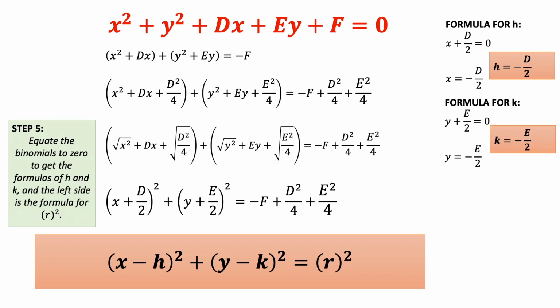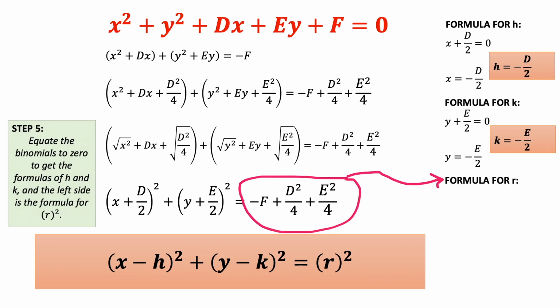For the formula for radius, I know that I can also rearrange negative f plus d squared over 4 plus e squared over 4 according to its exponents. Therefore, I will have d squared over 4 plus e squared over 4 minus f.